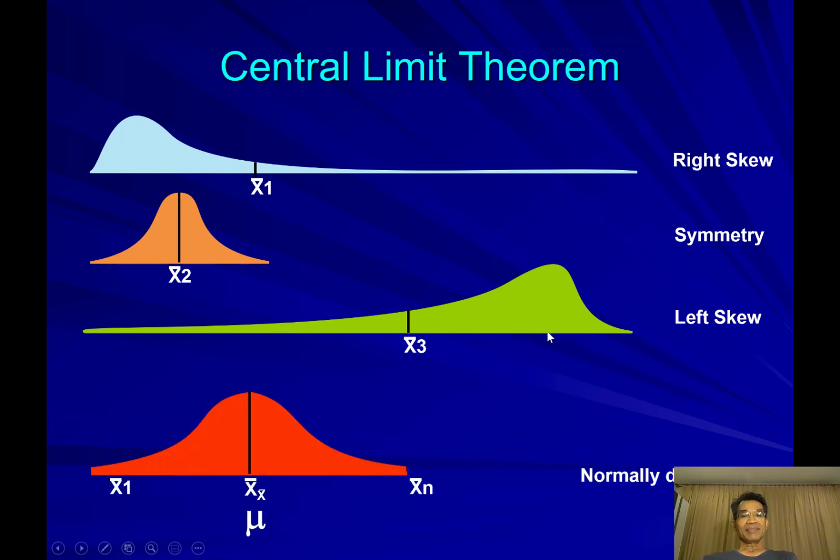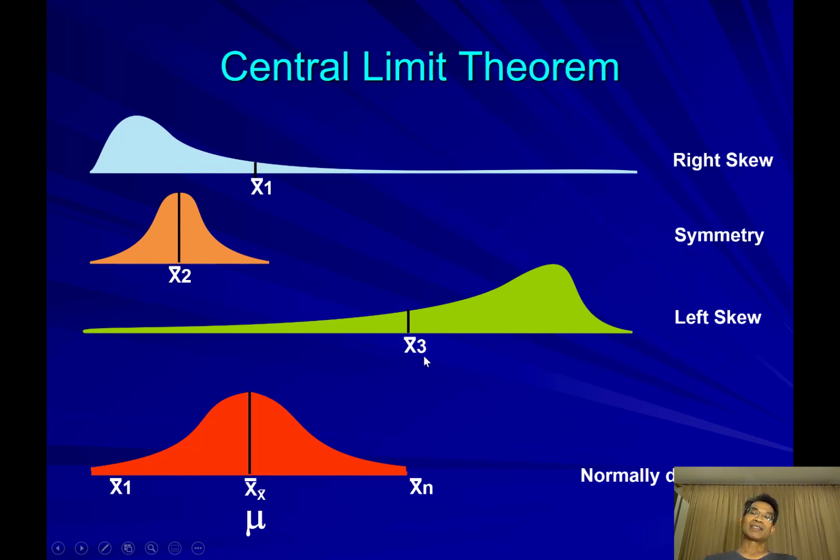Now, if we take random samples several times, meaning repeated sampling, like doing a first survey of income for 100 people, we get X bar 1. Another researcher does it again, another income survey, and gets X bar 2.